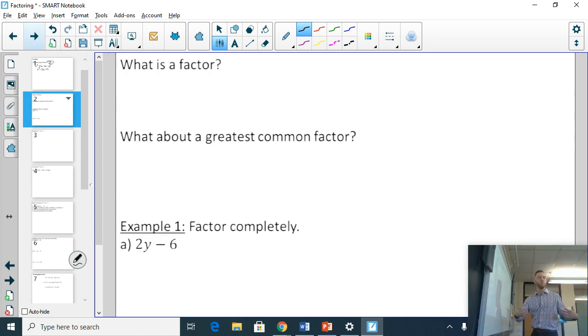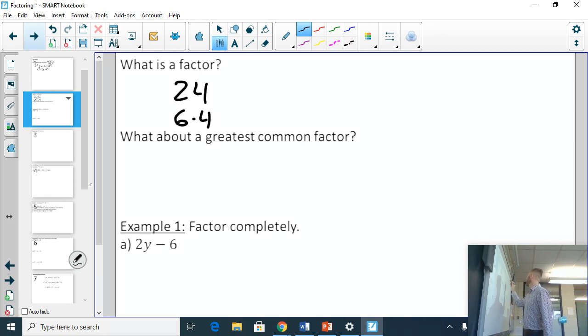So first off, what is a factor? I'm not going to write it out here, but a factor is a number that can be multiplied by another whole number to get something. Like for 24, a factor of 24 would be 6, right? 6 times 4, so 4 would also be a factor. 12 is a factor.